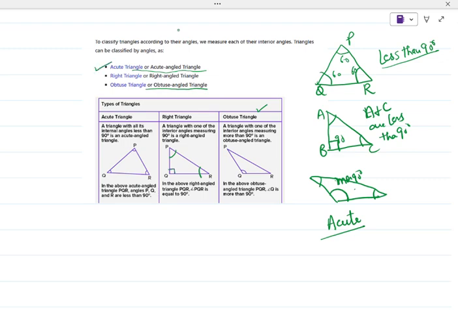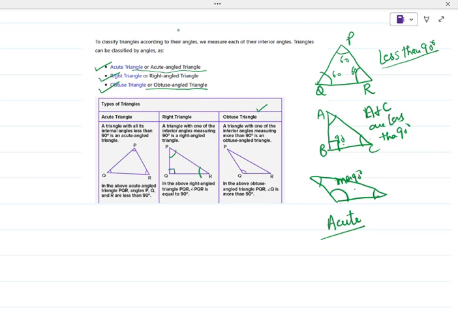So we have talked about the acute angle triangle, right angle triangle and obtuse angle triangle. An acute angle triangle means the three angles are less than 90 degrees. A right angle triangle means one angle is 90 degrees and the other two are less than 90 degrees, meaning they are acute angles.